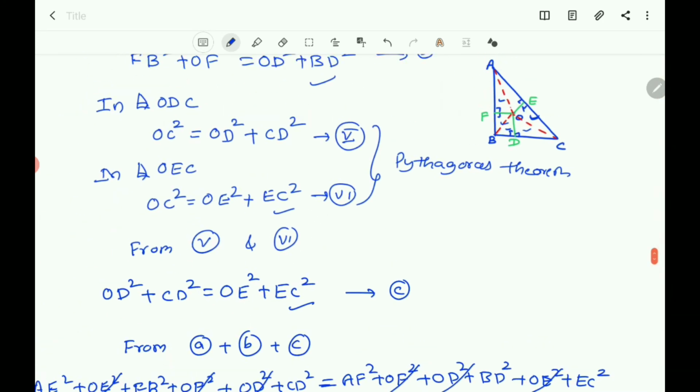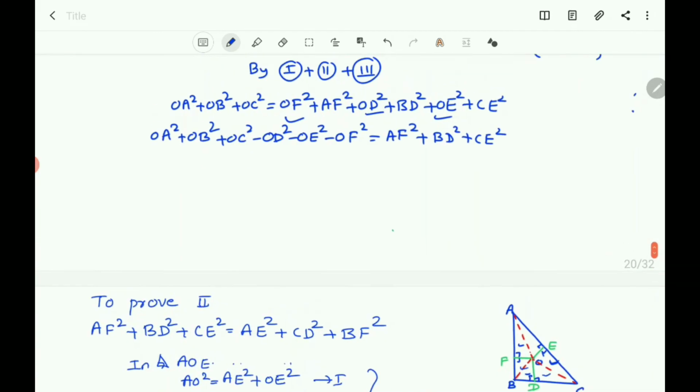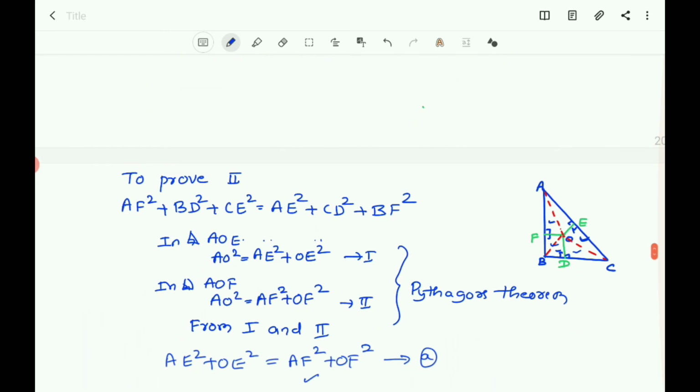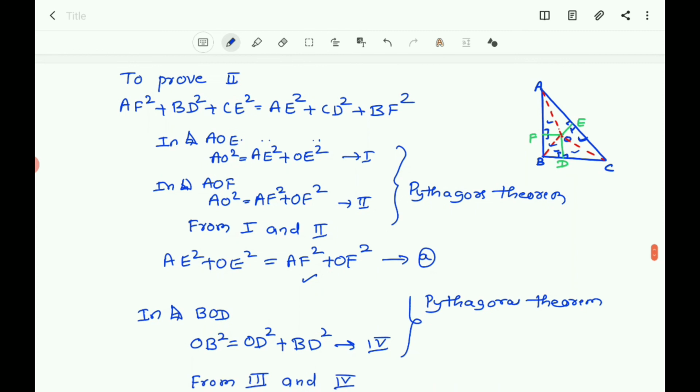That is the thing you have to prove here. In the question, AF square plus BD square plus CE square is equal to AE square plus CD square plus BF square. We got the same result with the help of the Pythagoras theorem.